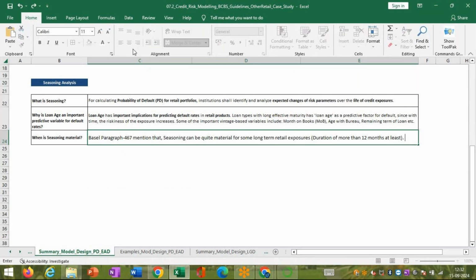So at least your loan duration should be more than 12 months, right? If you are thinking of a long-term retail exposure, it has to be more than 12 months. For term loans of less than 12 months, seasoning cannot be observed.